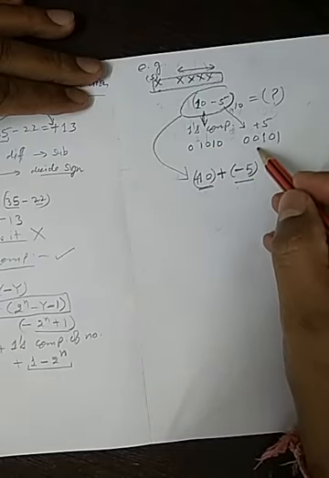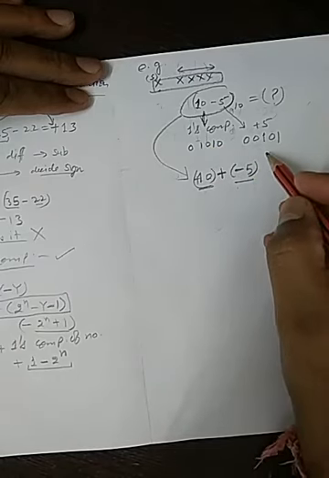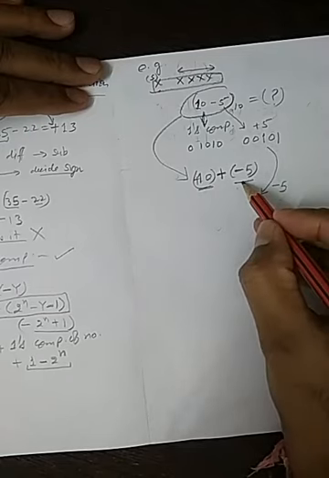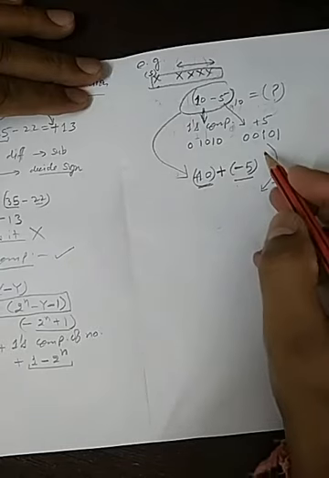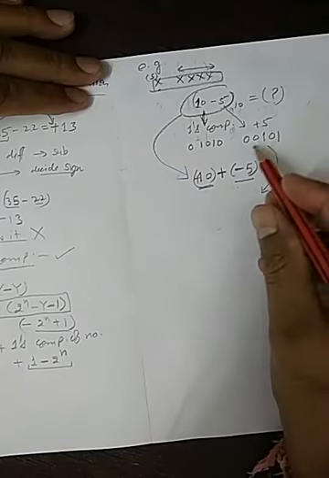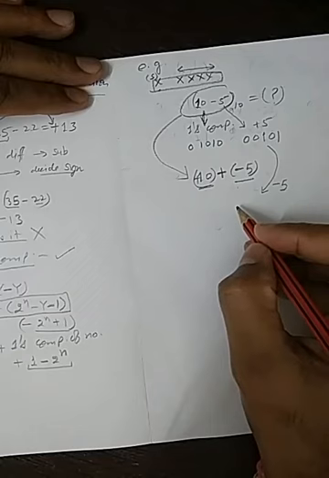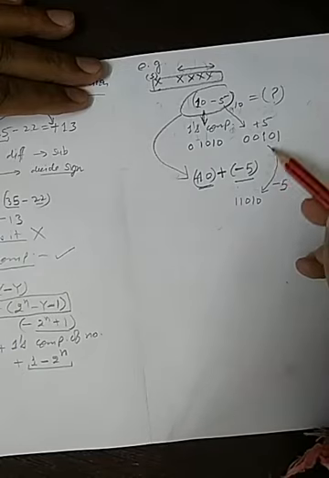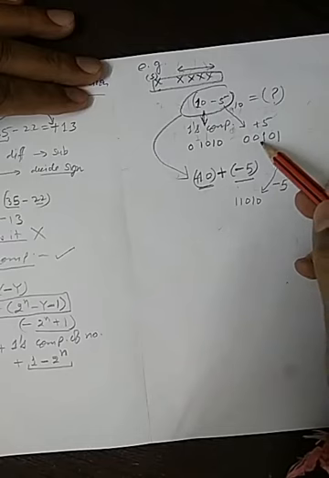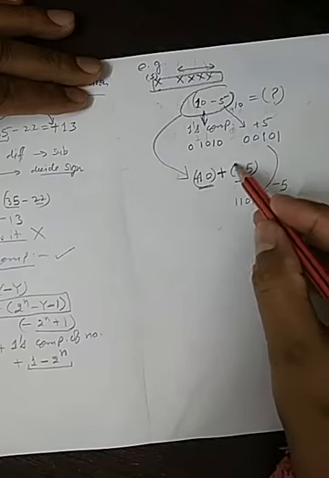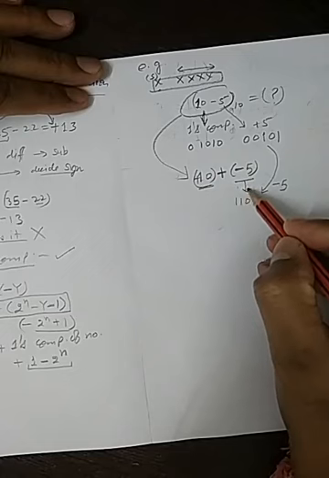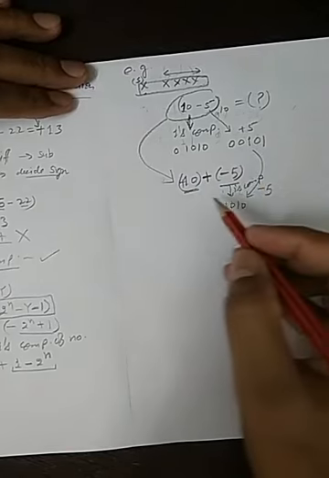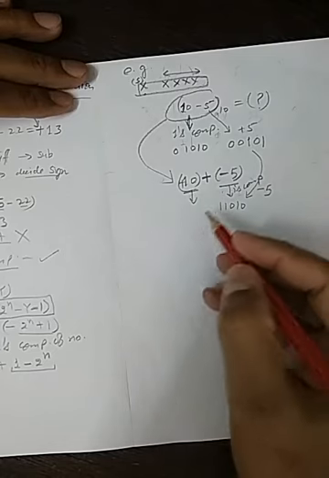Now we have represented plus 5 in 1's complement, so I have to represent minus 5 in 1's complement. I will convert this 5 into minus 5 by taking 1's complement of this number, just complementing the individual bits.